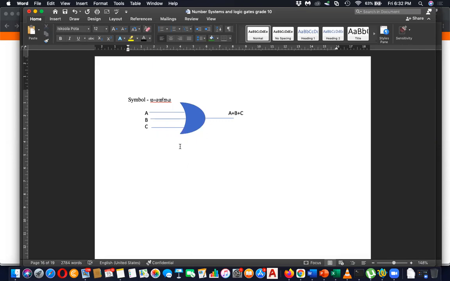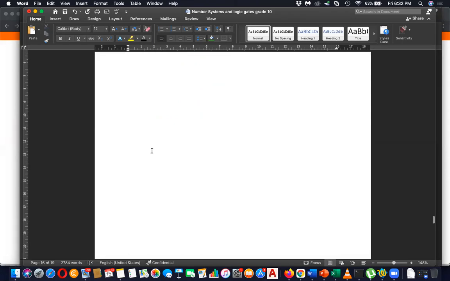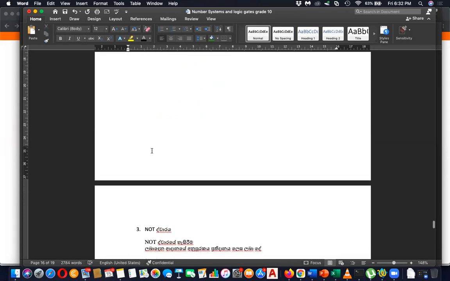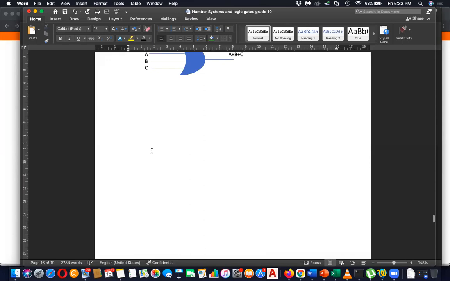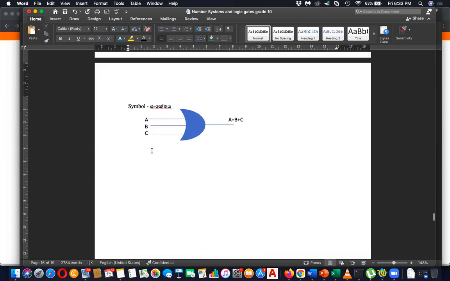Okay, let's see what is the next gate. That is NOT gate. Next gate is NOT gate. So please write down the third one. That is NOT gate. So it has only one input. Simple.